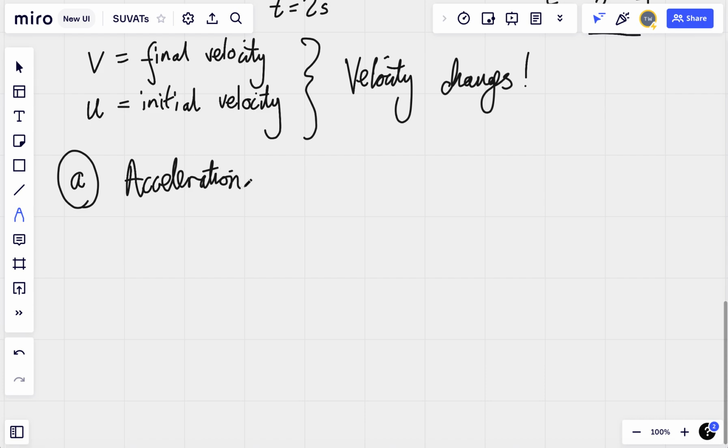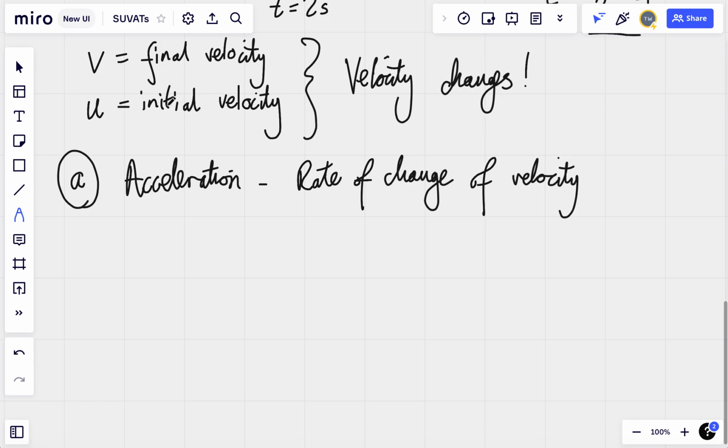Now, acceleration is the rate of change of velocity. It is not simply the change in velocity. Okay, if you accelerate from 0 to 60 in a car, the change in velocity is 60.